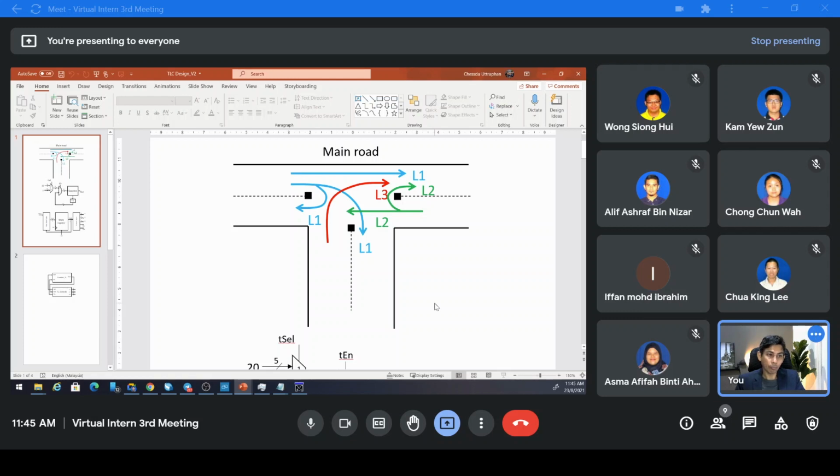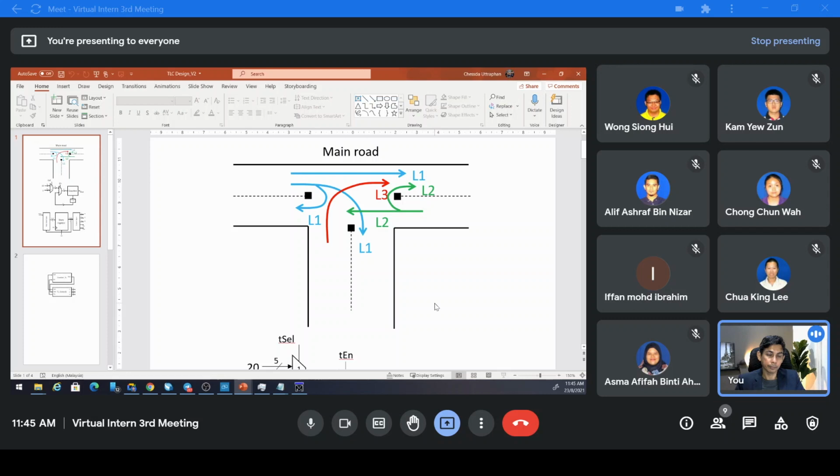So what we have in the market is actually using the PC, the computer, for the controller. The disadvantage of using the PC is that it is big.